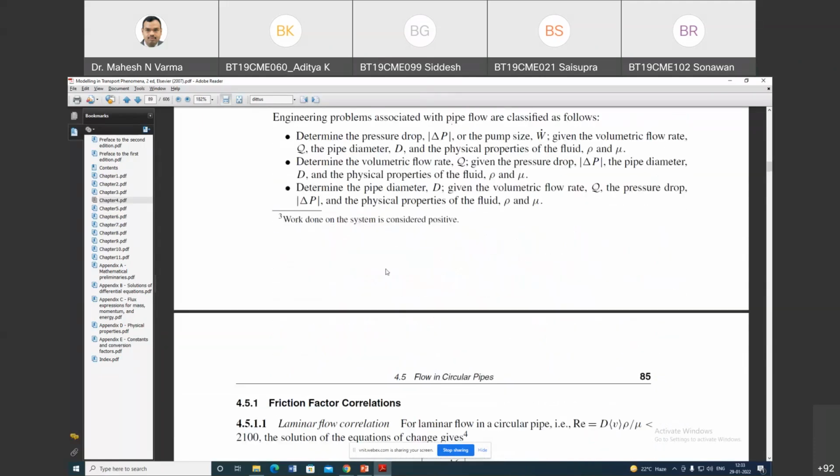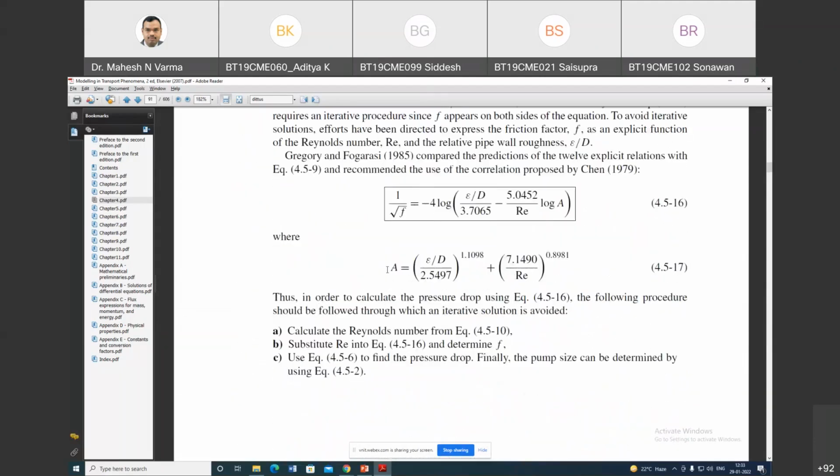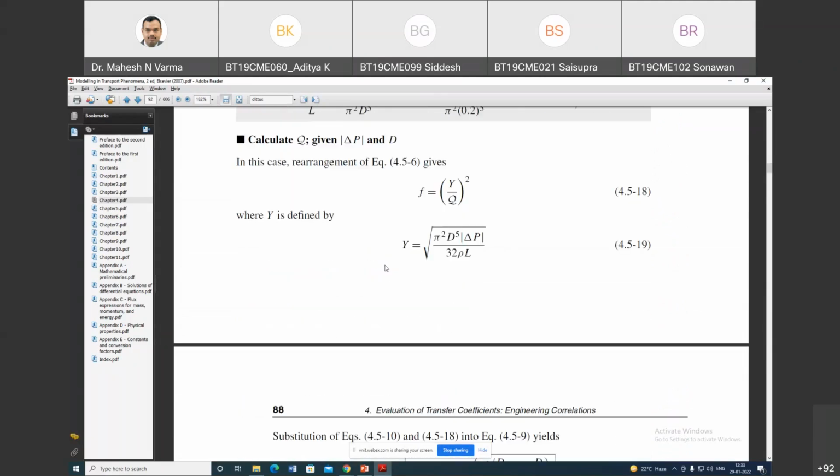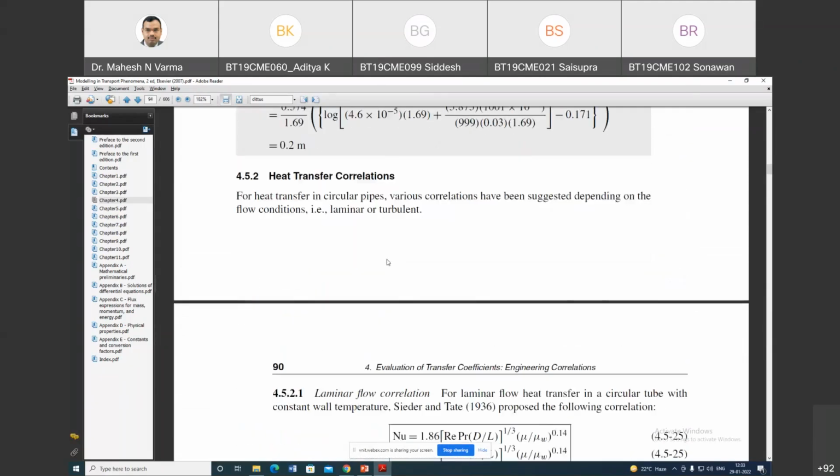So in flow in circular pipe, these are all momentum transfer coefficient correlations, and then we have heat transfer correlations.